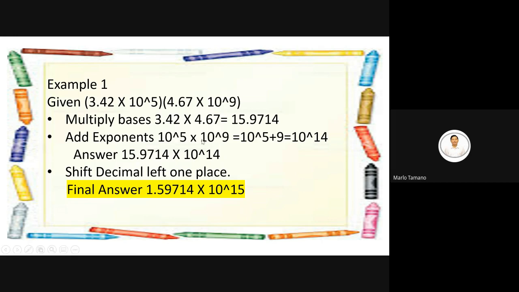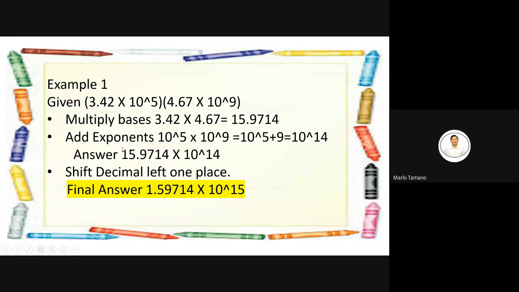Ito po. Ano pong ginagawa sa exponent nila? Add. Tama? Yes po, sir. Tapos, ilagay na natin yung answer natin. Kopyahin natin yung product kanina ng dalawang bases. Yan, 15.9714. Kopyahin nyo naman po yung exponent. So, 10 to the 14.